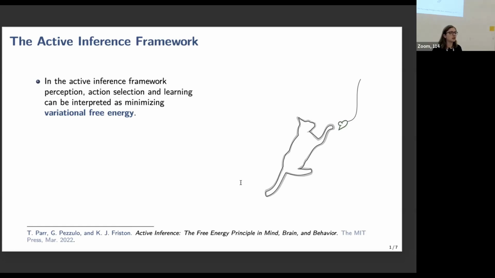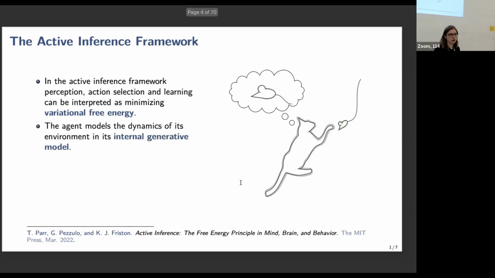The key ingredient in the active inference framework is the internal generative model. The agent has some kind of model, some kind of representation of its environment that captures the dynamics of this environment. Here, the mouse looks a little bit different than it actually looks in real life, but it captures the important parts for the agent.